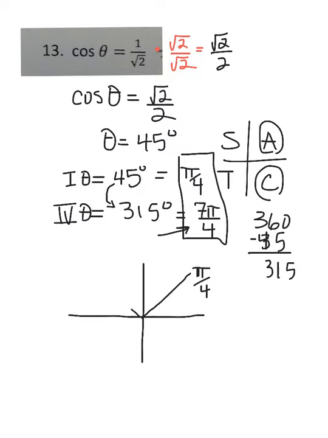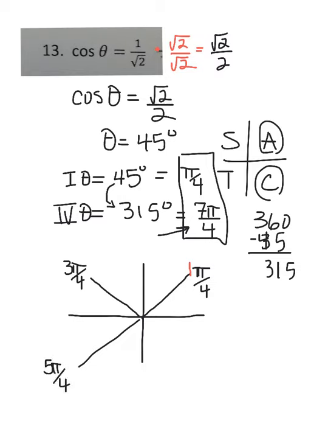In the second quadrant, this is technically a 1, right? So then in the second quadrant, this is going to be 3 pi over 4. And then in the third quadrant, this will be 5 pi over 4.